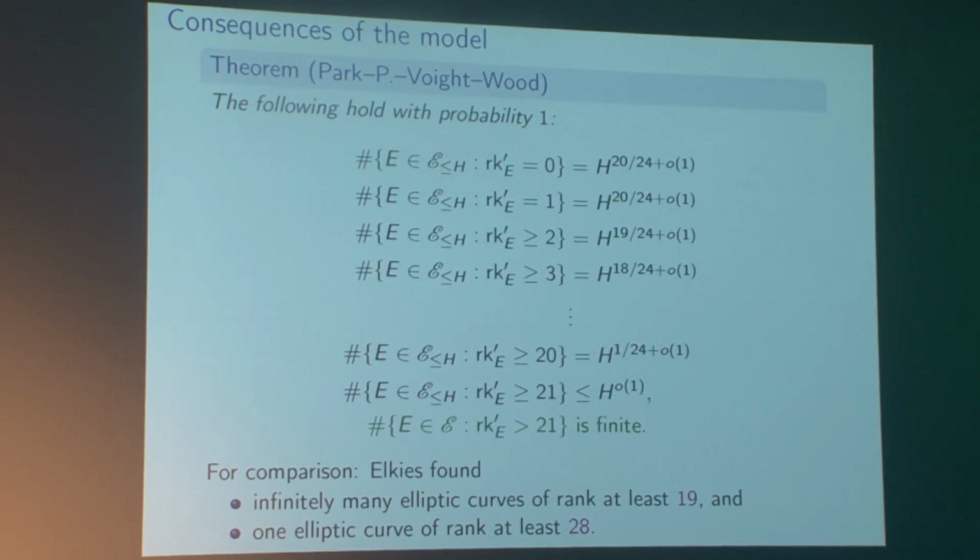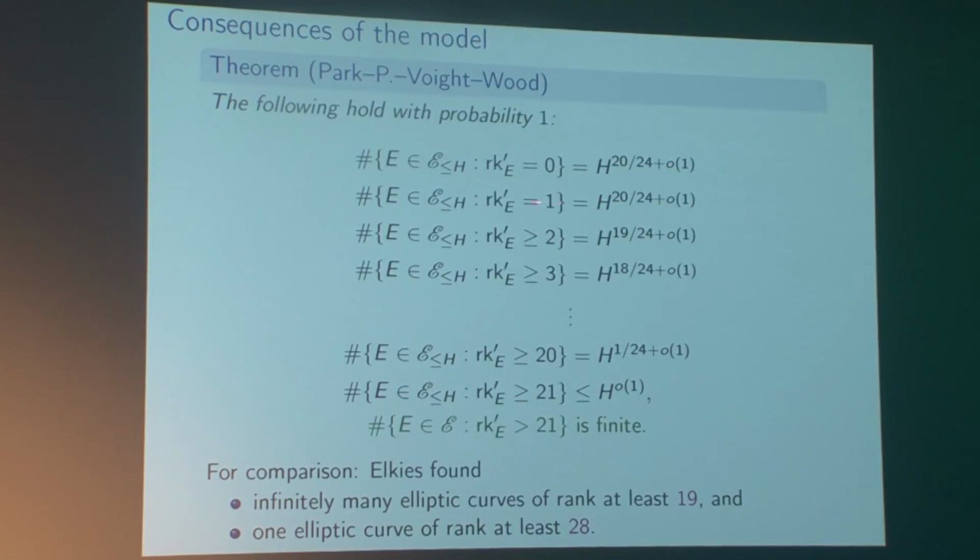This is an unconditional theorem. With probability 1, when you do this experiment, you can ask how these pseudo ranks behave, and how many elliptic curves up to a given height have a given rank. If you look at all elliptic curves, that was h to the 5/6, which is the same as h to the 20 over 24.